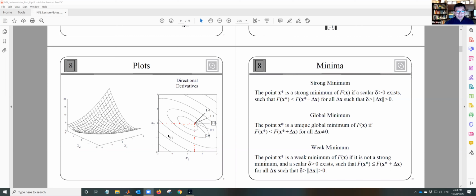You have a surface, right? If you stand here, where is your gradient direction? Perpendicular to the function surface, perpendicular to this line at this location. It goes along the change direction, because gradient means you're going to change in that direction. So this is your gradient direction.